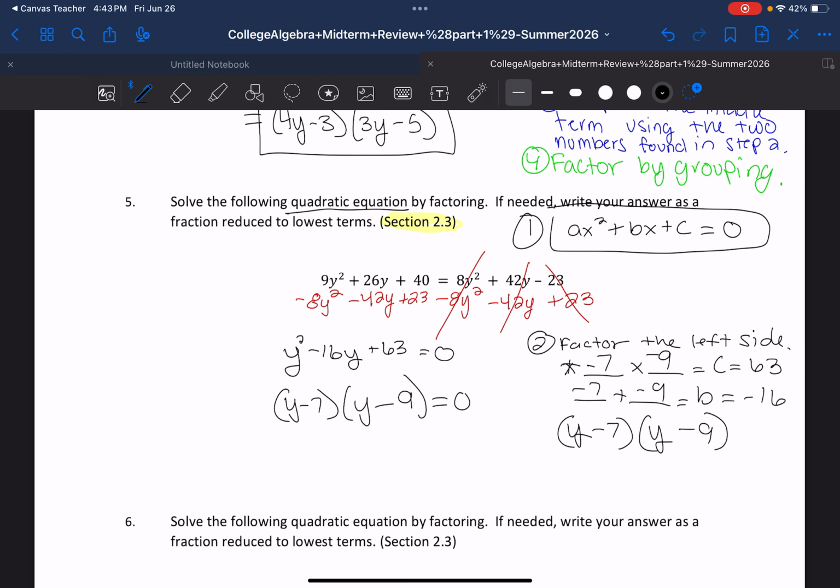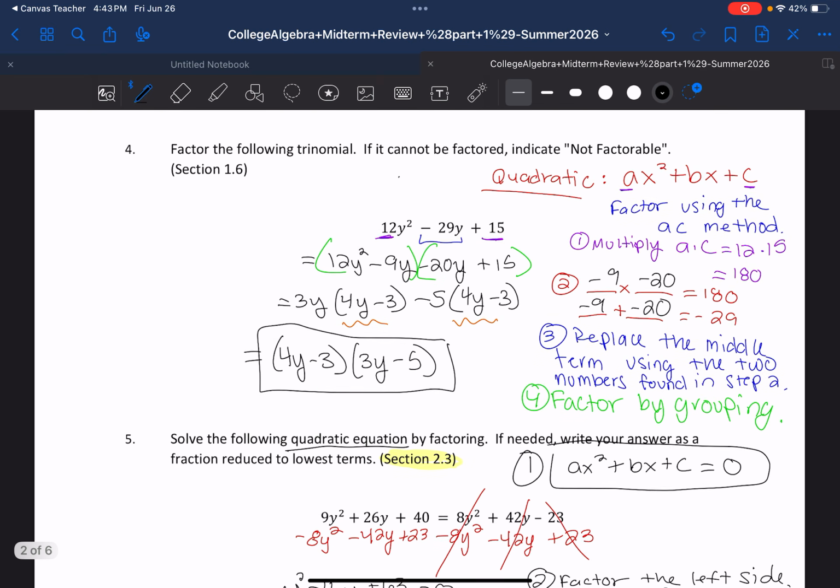Of course, you could FOIL this out, multiply it out, and check. But that is the factored version of that quadratic. So you can always do that as long as a is equal to 1. If a is not equal to 1, then you have to do what we did in the previous problem.